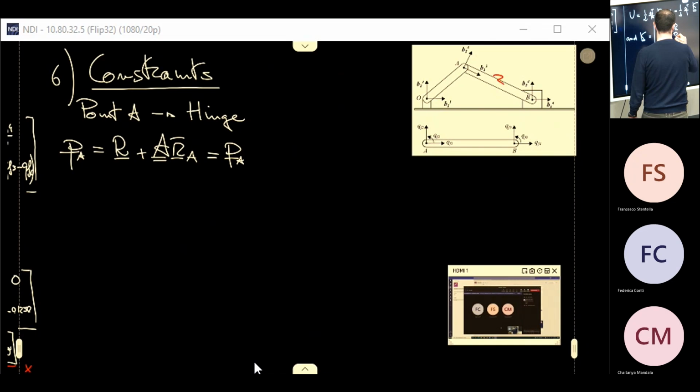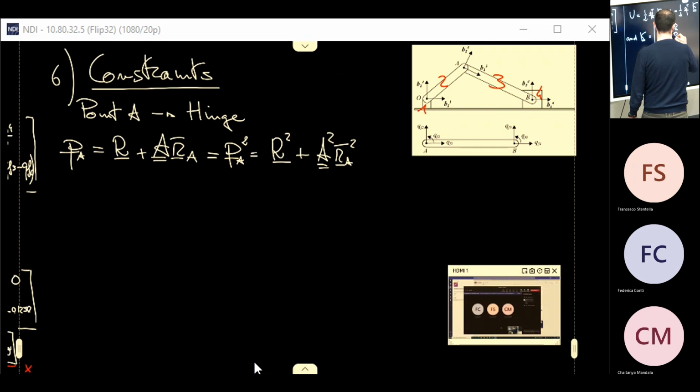If you remember, this is 1, 2, 3, and 4. So now for body number 3, we have omitted the superscript, so I will not write it. I will stay consistent with our notation. But for body number 2, I will write 2, just for the sake of clarity. So these are R2 plus A2 and R, A, expressed with respect to the local frame of body 2.